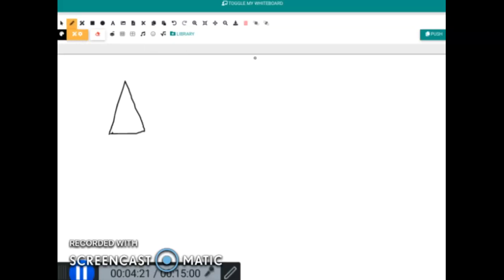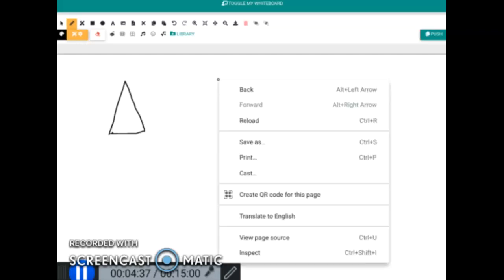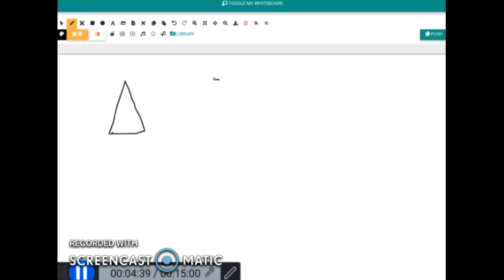Now, the second riddle says that it is a shape with 4 sides, but no sides are the same. So I've got to make sure that my polygon is a 4-sided shape where no side lengths are the same. So it has to have 4 sides. So I'm going to go ahead and draw 4 sides. And I also know that they're not going to be the same length, but I still have a 4-sided shape.